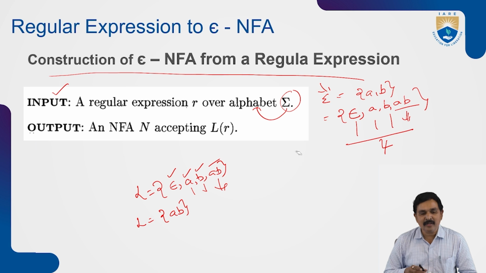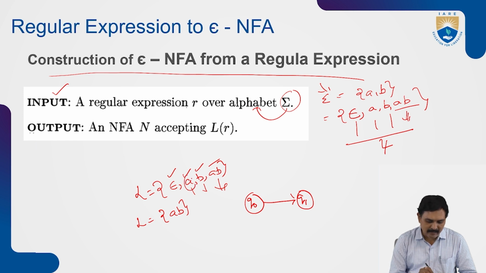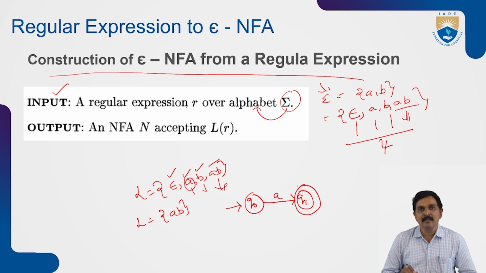Here I take the state Q naught, and go from Q naught to Q1. You have to accept the string a, so it must be a final state. A final state is defined by a double circle.